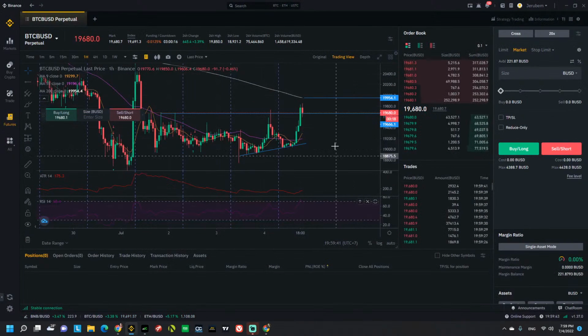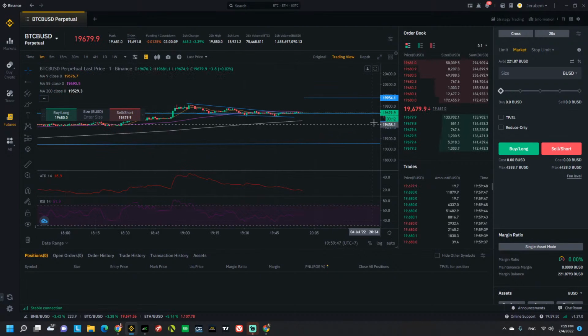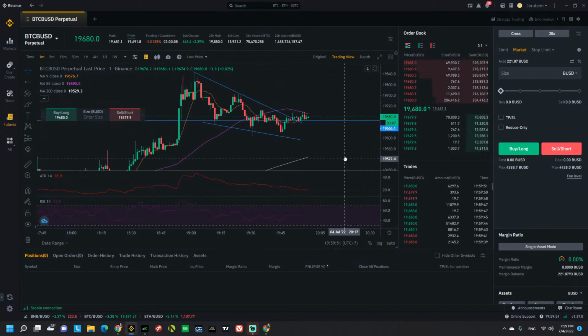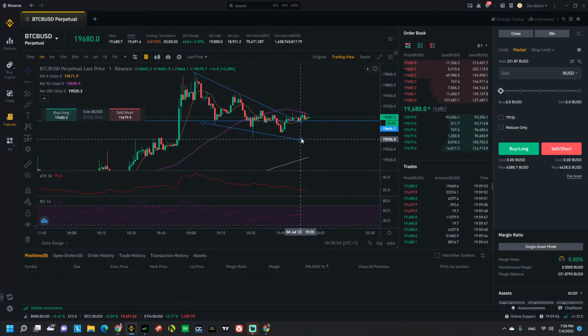Let's look over at crypto. So it went back down. Oh, it's just consolidating in the 1 minute chart.